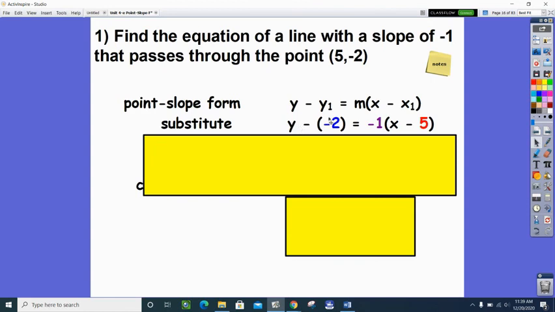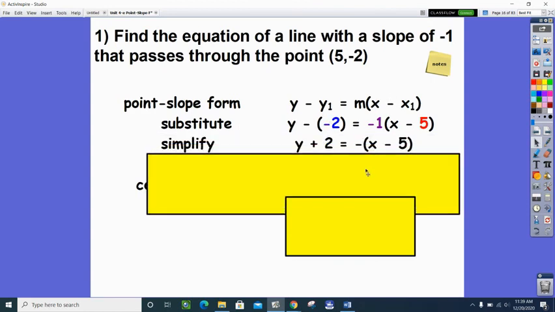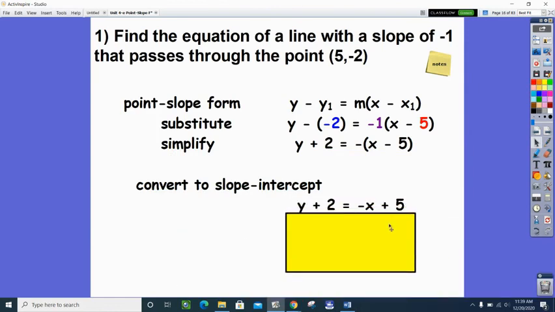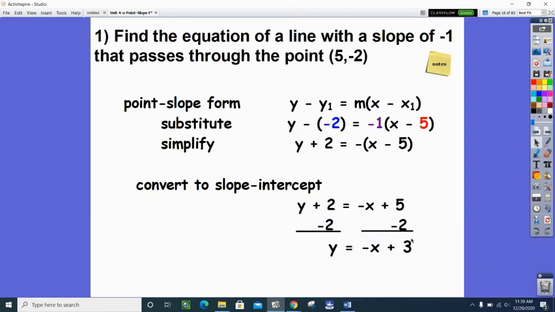Kind of a mess over here. Remember, that's a +2, and we're going to do some distributive property. So we're going to distribute the -1 to both pieces. And there we go. And then we're going to subtract the 2, and voila, there is our slope-intercept form, y equals mx plus b.